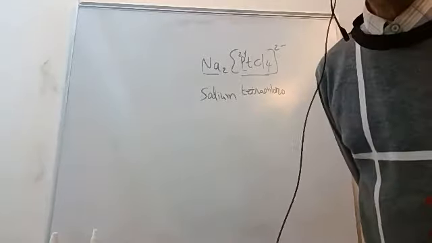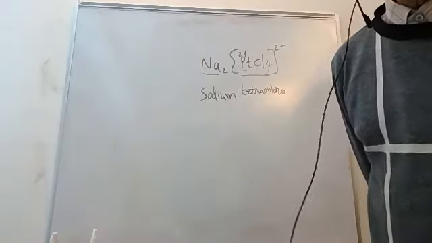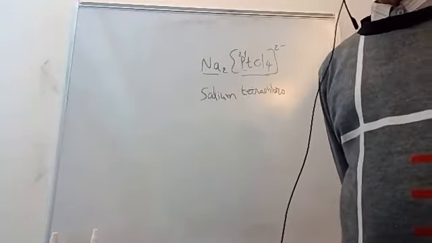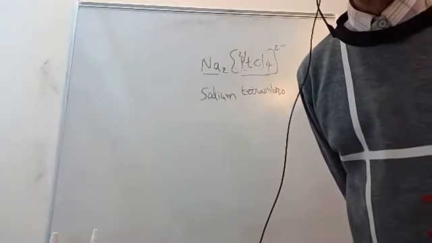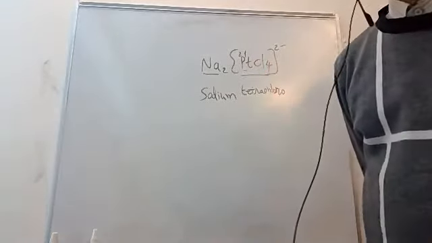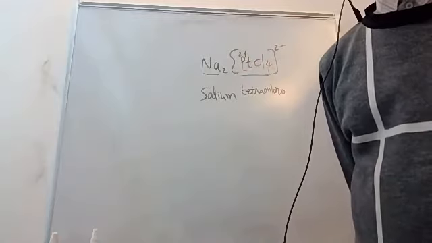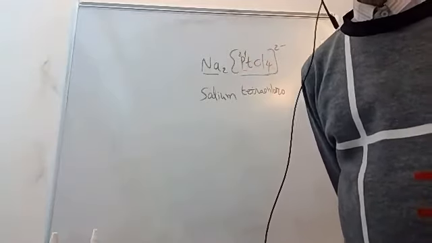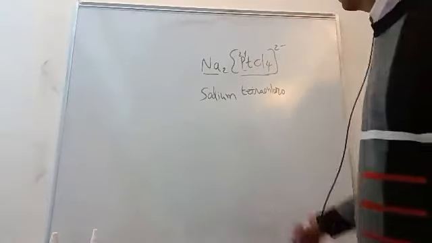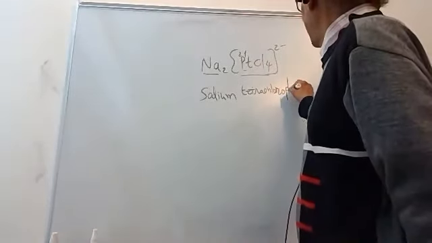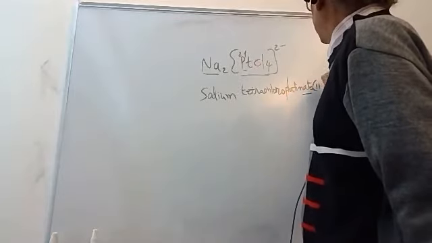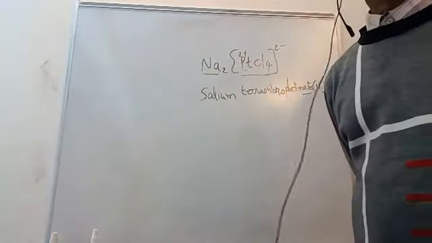In the case of neutral complexes and cationic complexes, we were writing the full name of the metal with no suffix. But if the complex happens to be an anionic complex, you must end the name of the metal with an -ate, A-T-E. Okay, so this is tetrachloroplatinate, oxidation state of 2.